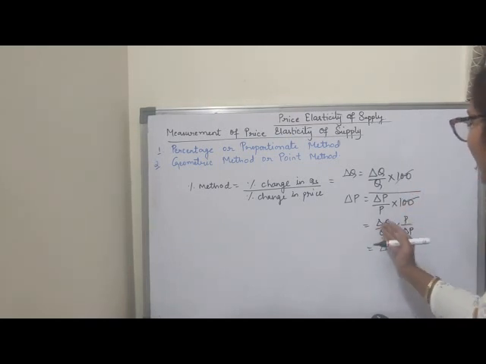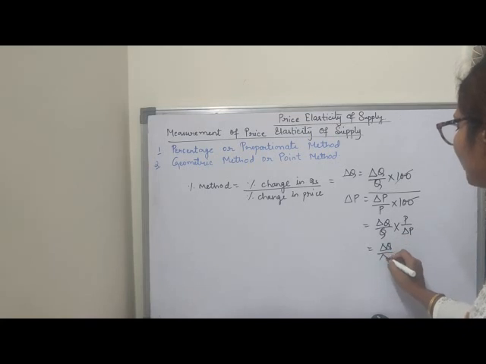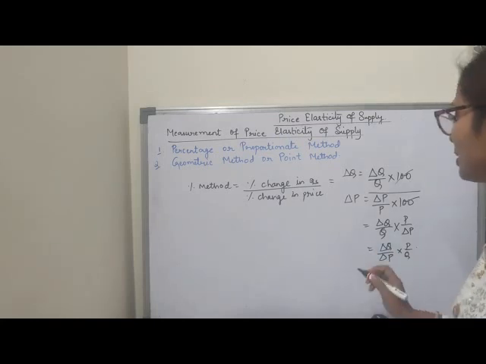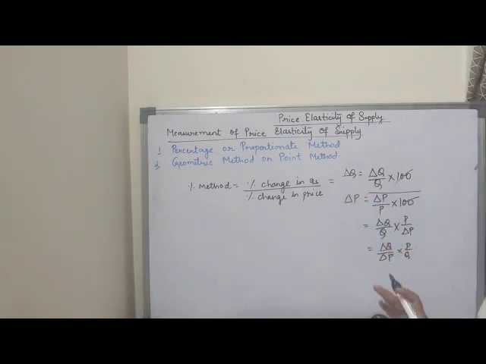So we will bring the delta sign all in one place, and here we will get the formula of the proportionate method. So this is the formula. Both we can use, but in the numericals we will understand which formula is used when. Clear, children? So up to this I hope it is clear.